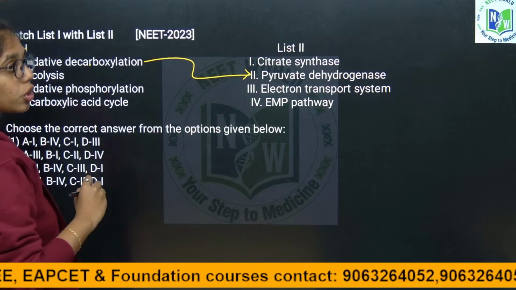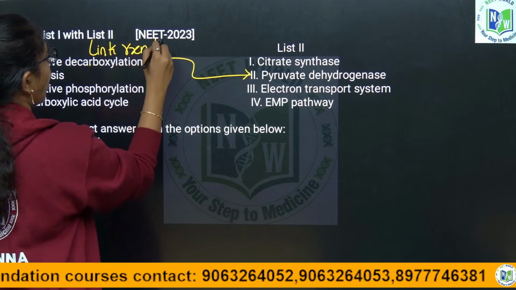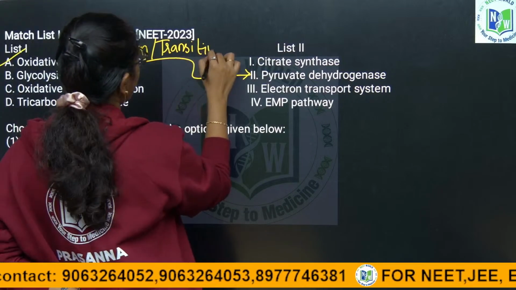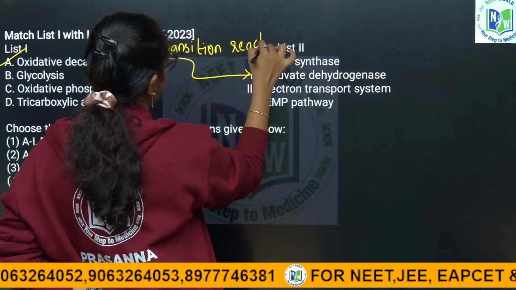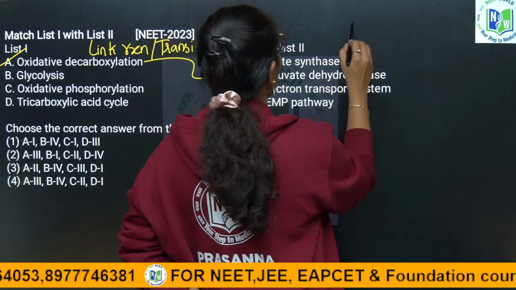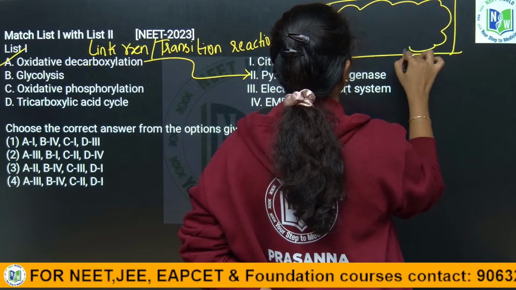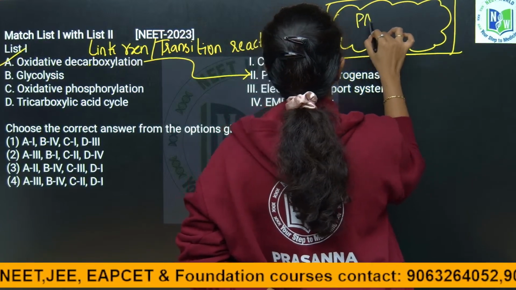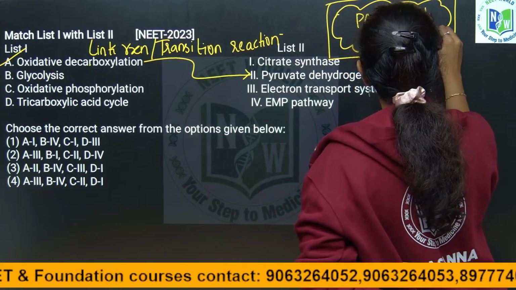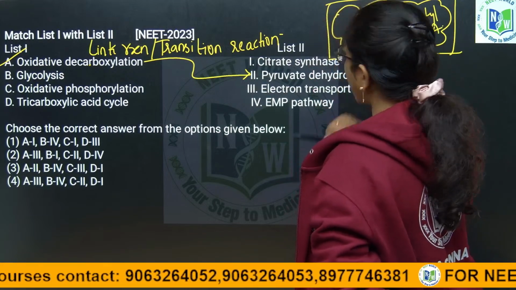Oxidative decarboxylation is also called the link reaction or transition reaction, wherein pyruvic acid which has just landed in the mitochondrial matrix is converted to acetyl CoA by oxidative decarboxylation.